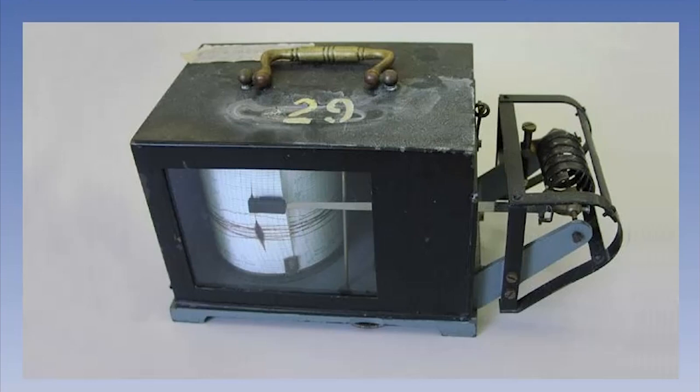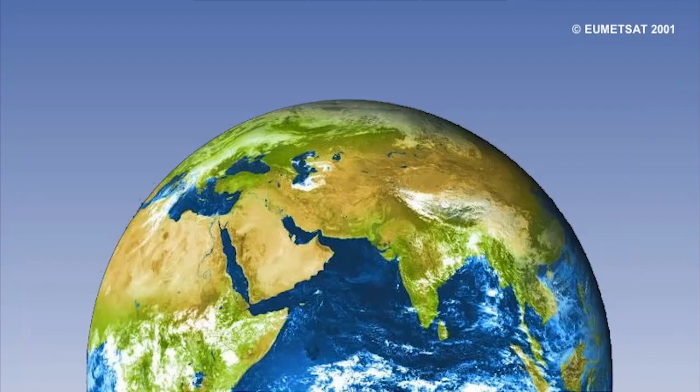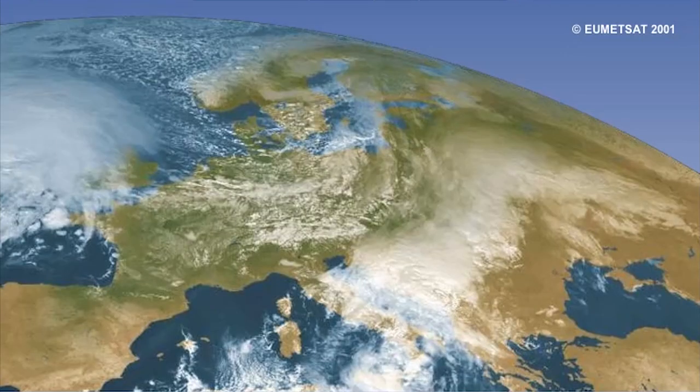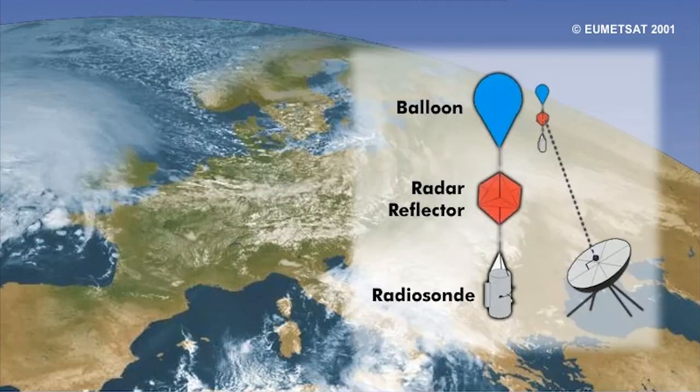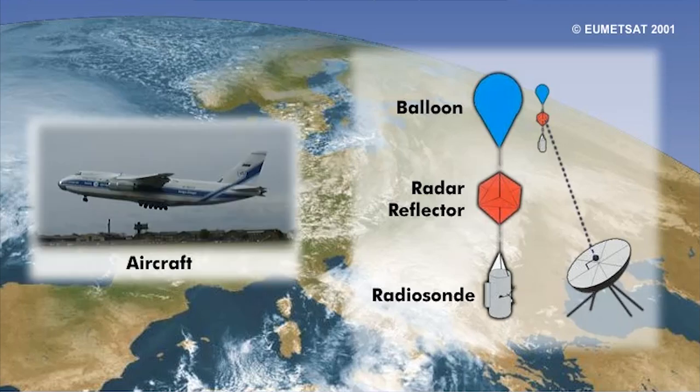Similar to the barograph, it records temperature over time using a rotating drum. For measuring the variation of temperature through the atmosphere, meteorologists use satellite imaging, radiosonde balloons, and aircraft reports. All of these have their advantages and disadvantages.